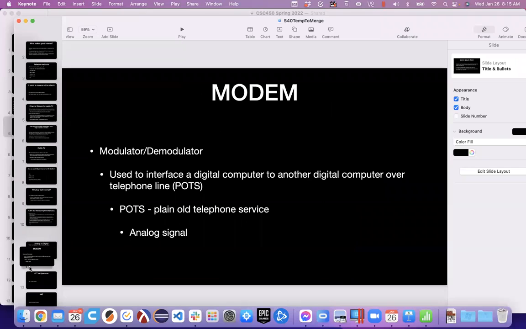So I'm going to actually switch the order of these slides. So what does a modem do?